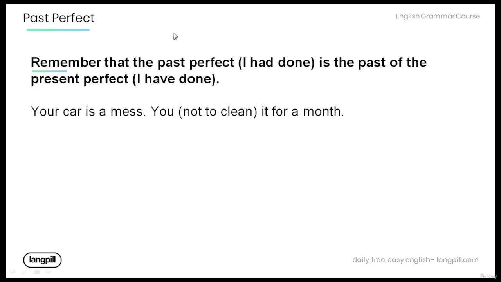Also remember that the past perfect I had done is the past of the present perfect I have done. Now read the sentence below and provide the present perfect form of the words in the bracket. Your car is a mess. You not to clean it for a month.